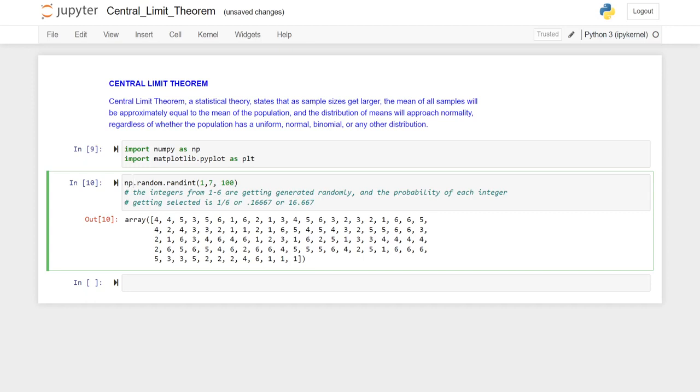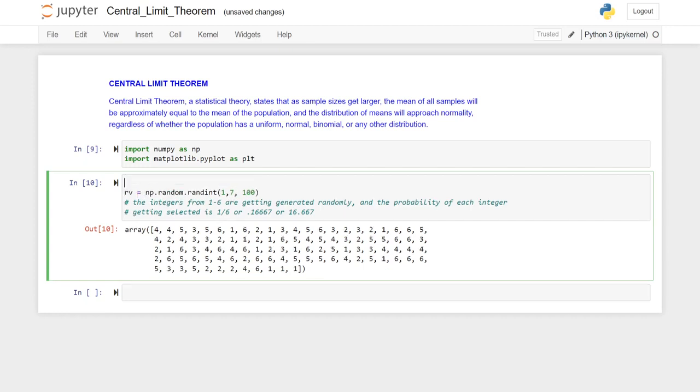Now let us assign this sort of integers to a variable. And what we can do is write n is equal to any desired number, maybe 10,000, and we will write n here.